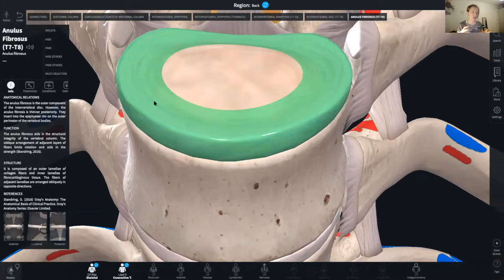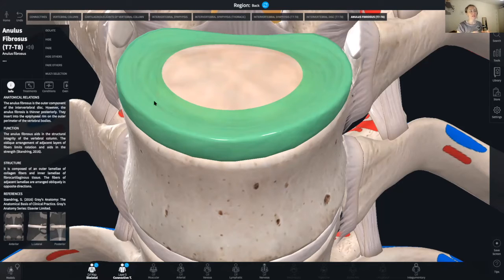a hydrostatic pressure, meaning that there's liquid pushing back on the fibers when we move around to create a really nice distribution of force and weight through not only the disc that is receiving it, but it can help then push the weight distribution further up.